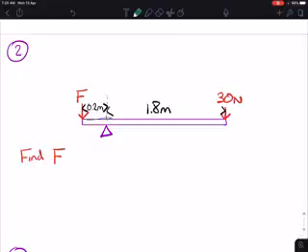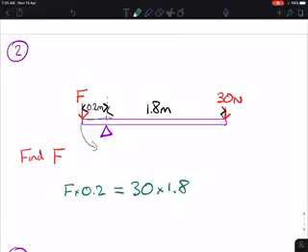Okay, so we're going to do the same thing as we did in the first question. We're going to balance the clockwise and the anti-clockwise moments. So the anti-clockwise moments going this way are F times 0.2. The clockwise moments here are 30 times 1.8.